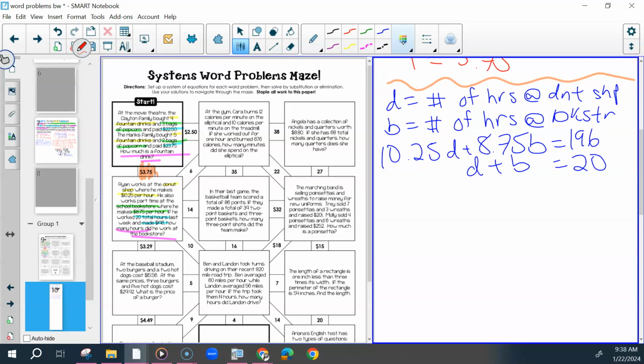Right? Because we are looking for a number of hours at the bookstore, if we solve for the donut shop, when we go to substitute in, all the D's will disappear. So get rid of D first. And then take that, substitute it back into the other one.